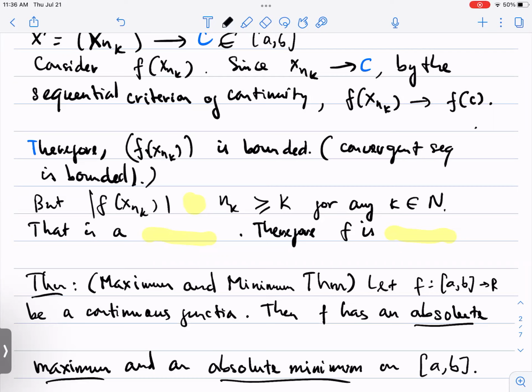On the other hand, by the construction that we did earlier, f of x_nk is bigger than nk in absolute value, which is greater than or equal to k for any natural number k. That is a contradiction to the statement that this sequence is bounded.